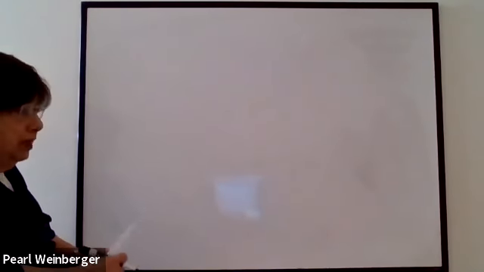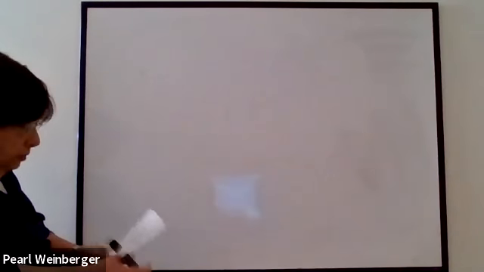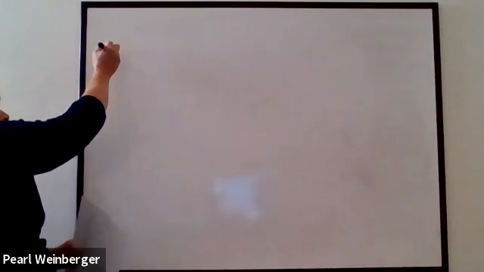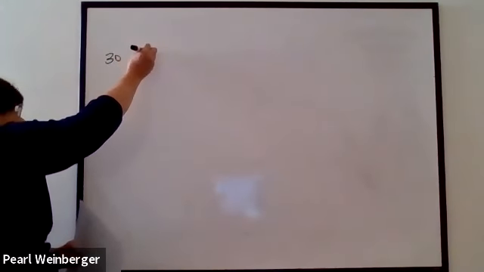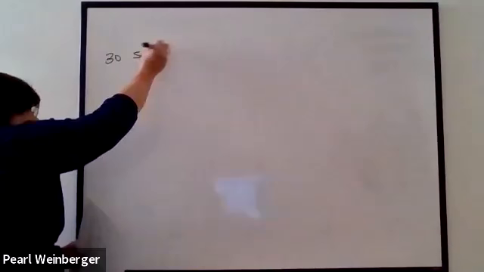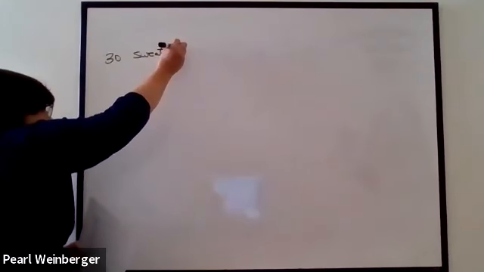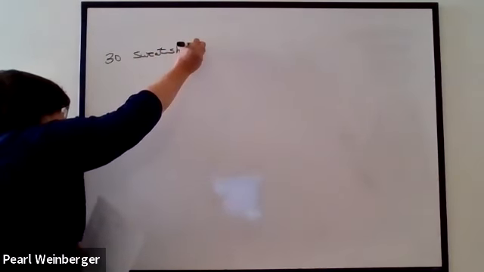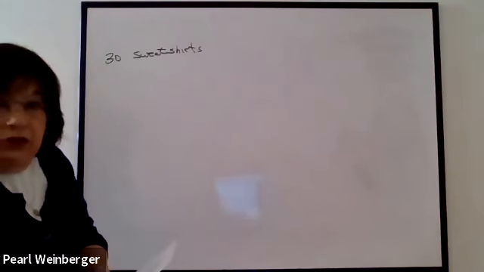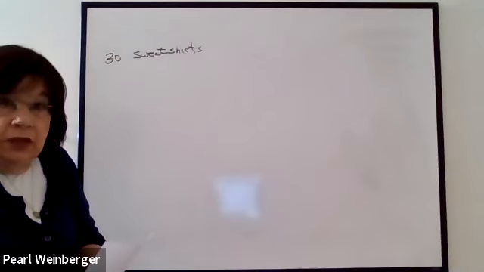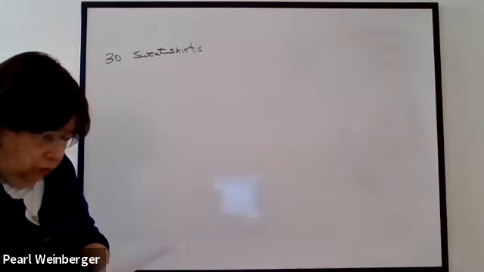So again, let's quickly write down the important facts, because you might not have this in front of you. Chad sold a total of 30 sweatshirts. That means he had two types, black and white, and we don't know how many of each type, but we know that altogether he sold 30 of these sweatshirts.